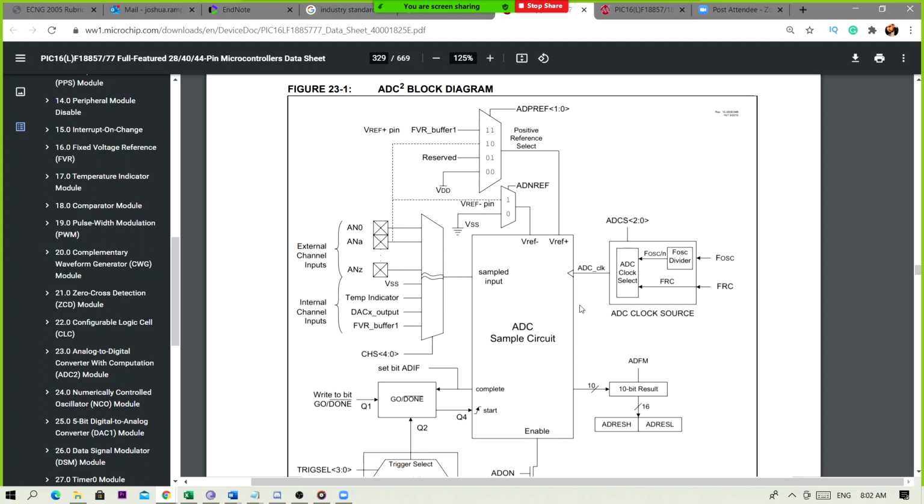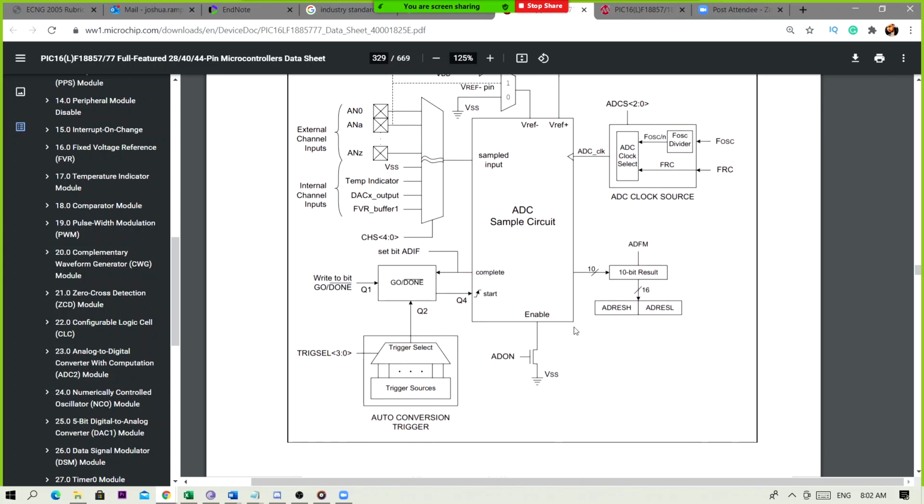Now, if we look at the bottom of the block, on the right-hand side, you'll see where the 10-bit result comes out, right? And based on the value of a bit named ADFM, that determines how the 10 bits are placed in that pair of registers, whether they're left justified or right justified, okay?